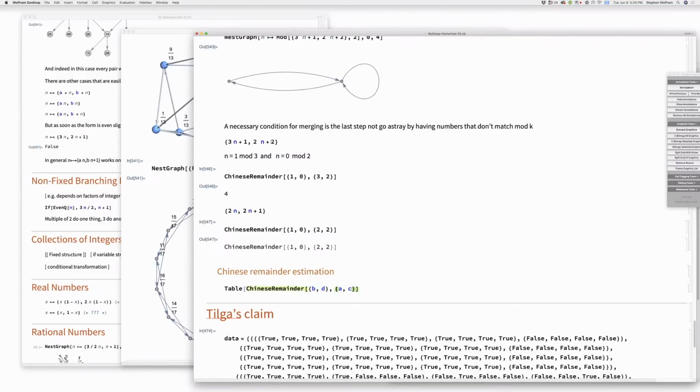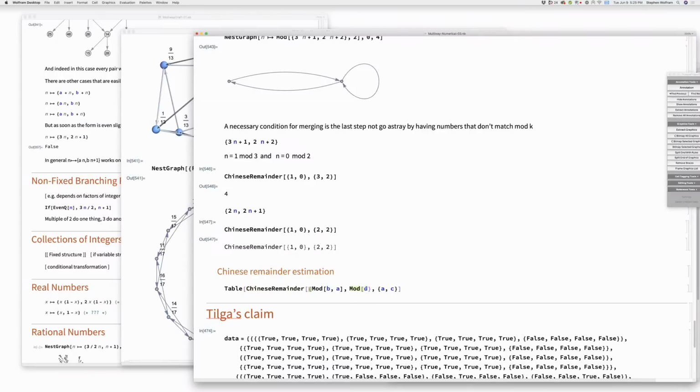But let's see, we need to take A and C mod B. No, I'm sorry. We need to take this first. It's B mod A. Is that correct? That's the case we want.